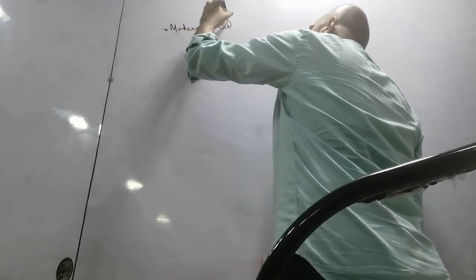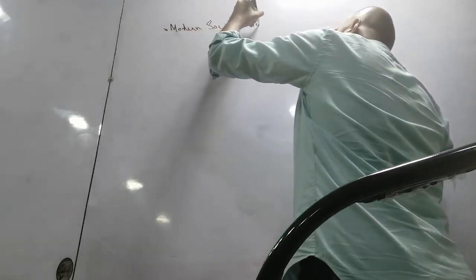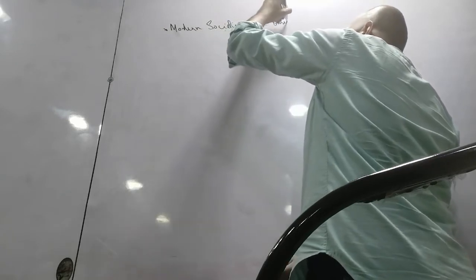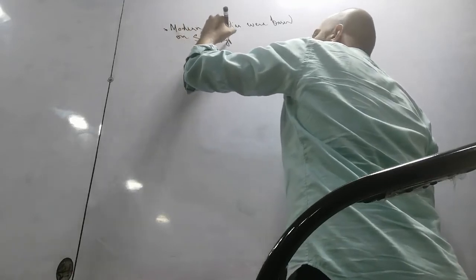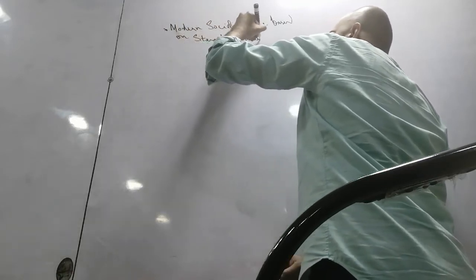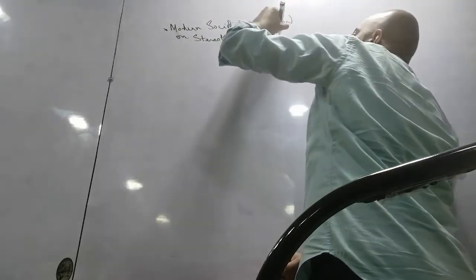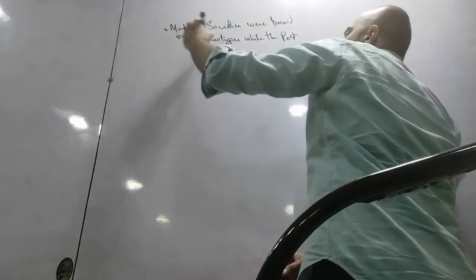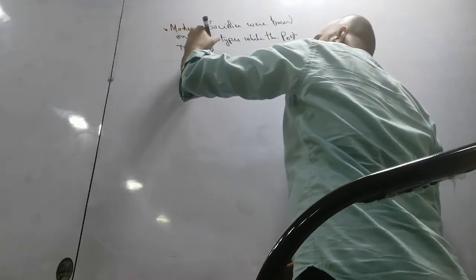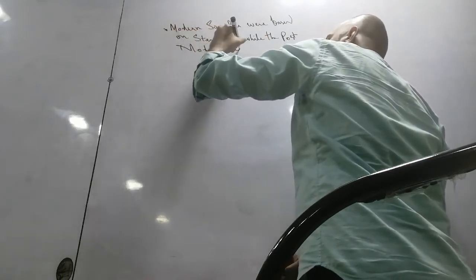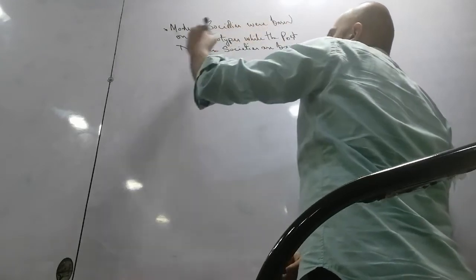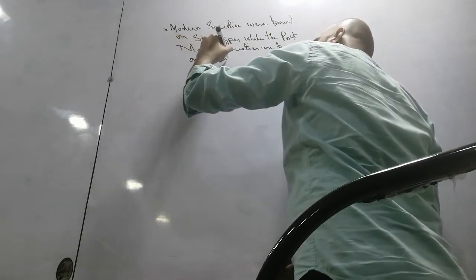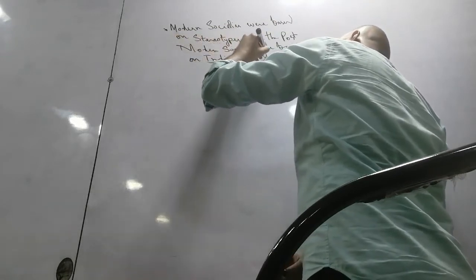Modern societies were based on stereotypes, while the post-modern societies are based on individual narrative.